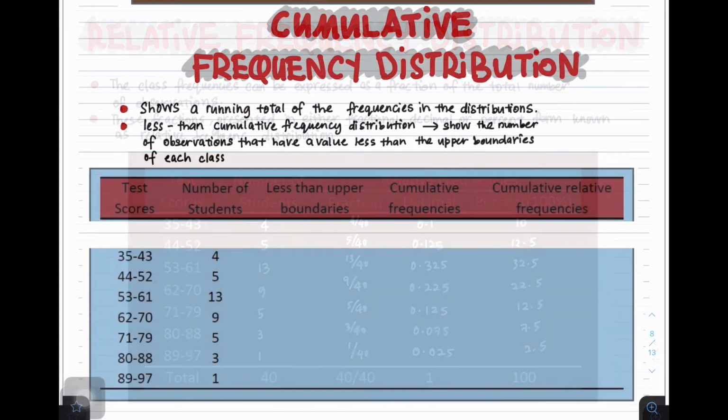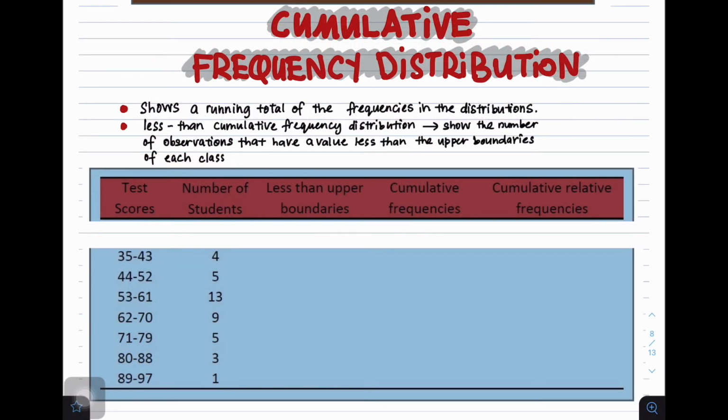Just now we have seen the relative frequency distribution. Now we want to see the cumulative frequency distribution. In the relative frequency distribution, we represented the frequency in the form of fraction, decimal or percentage. But now, with a cumulative frequency distribution, we represent our frequency in cumulative form, where a cumulative frequency distribution shows a running total of the frequencies in the distribution.